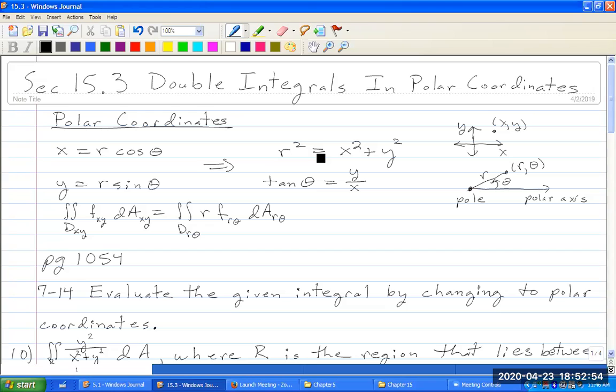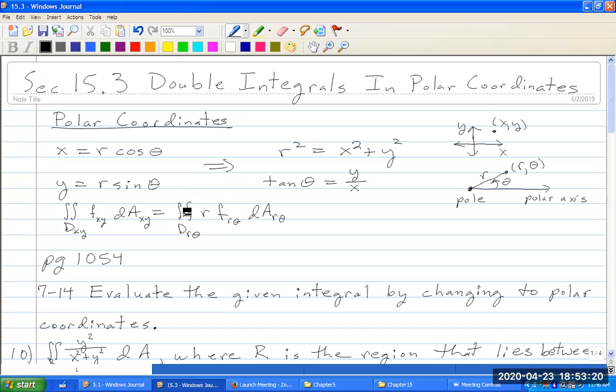Okay, so suppose I have the double integral over a region described in rectangular coordinates, and I want to integrate some function in rectangular coordinates.